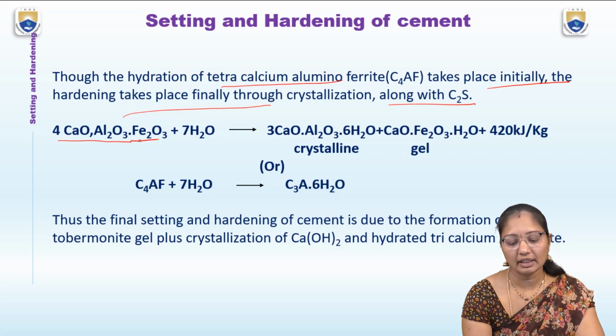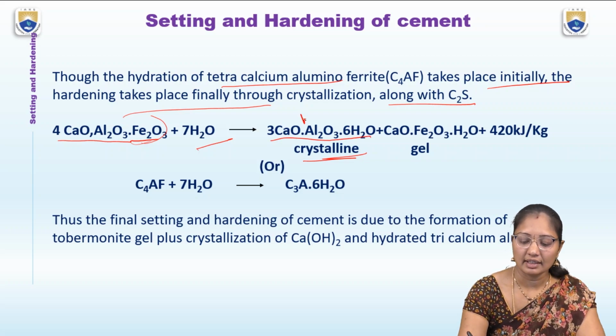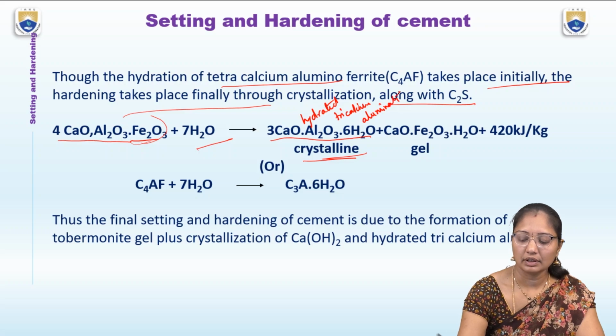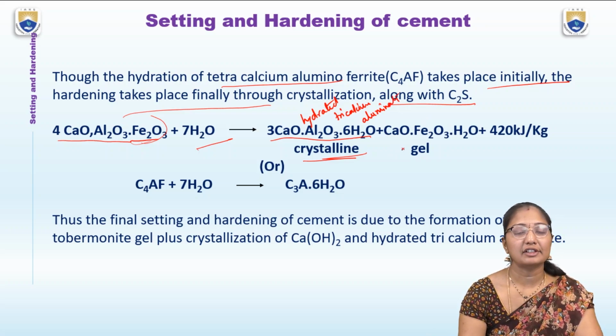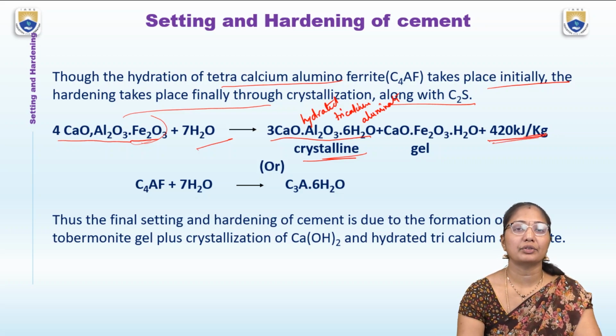Here iron oxide Fe2O3 reacts with water molecules, resulting in the crystalline structure of hydrated calcium oxide aluminates, hydrated tricalcium aluminates, plus hydrated calcium iron, plus an exothermic reaction of 420 kilojoules per kg.